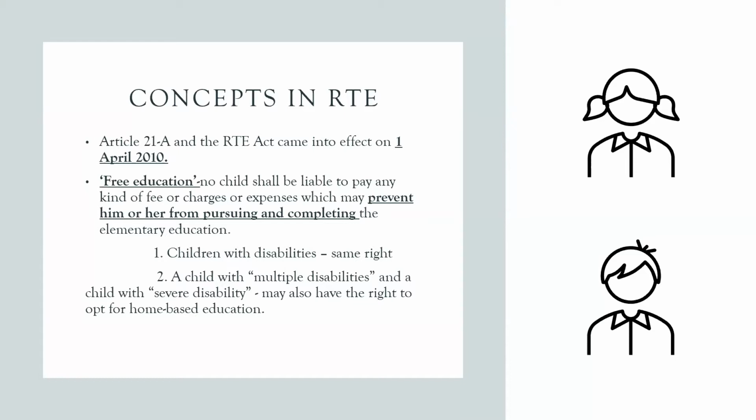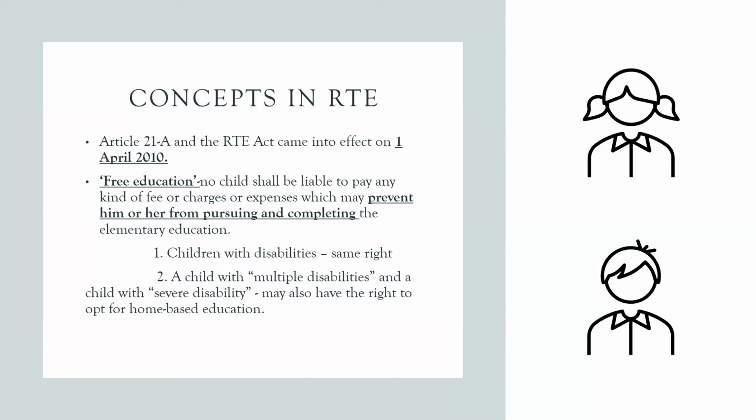But to ensure that all the children get to learn and understand a child with disability and also respect a child with disability, it is a right also for the child who has a disability to be educated at the right time. So please know that this right to education applies to children with a disability also.